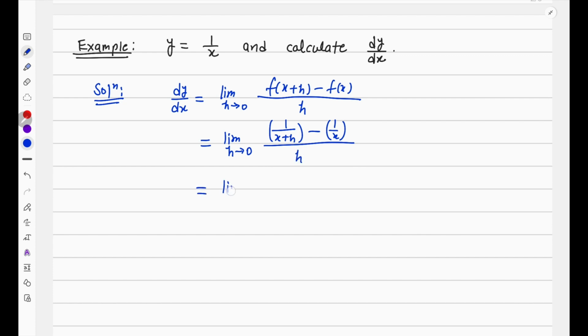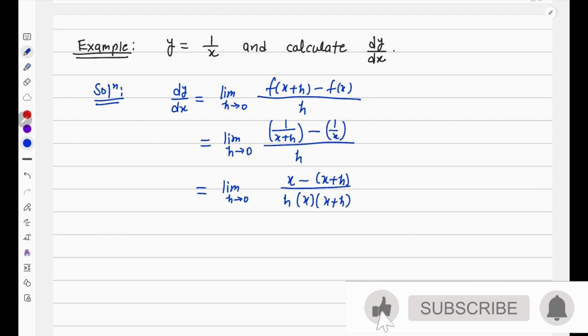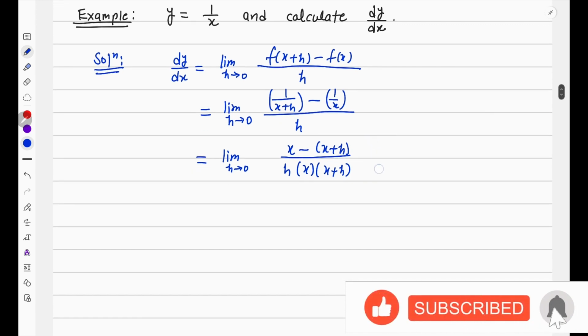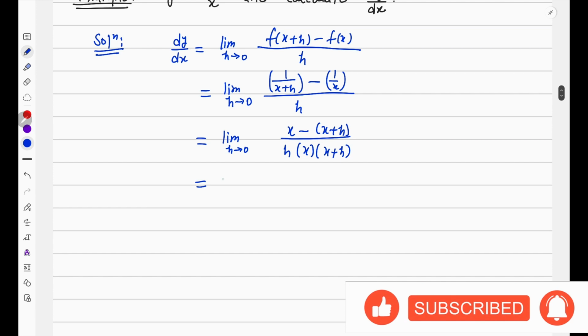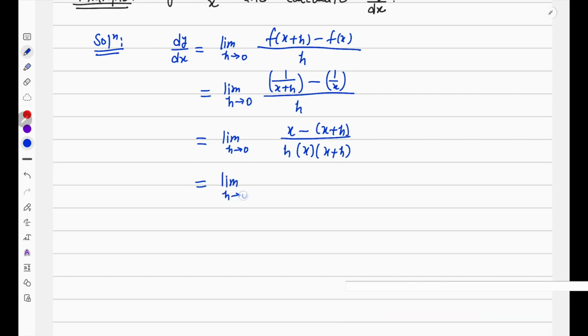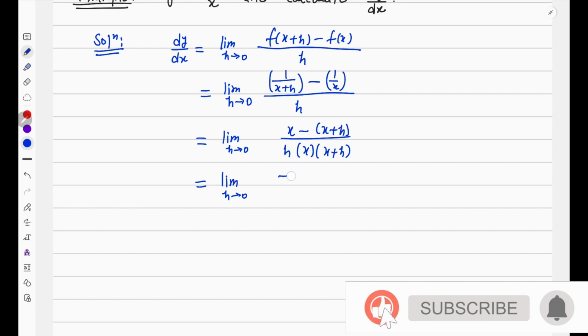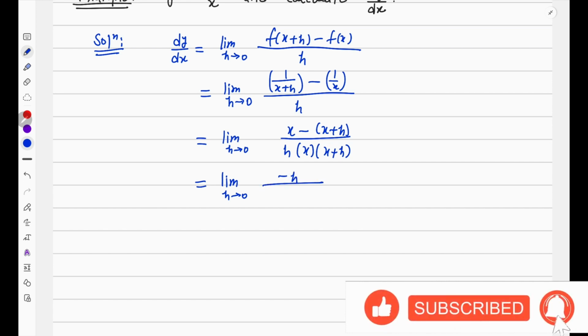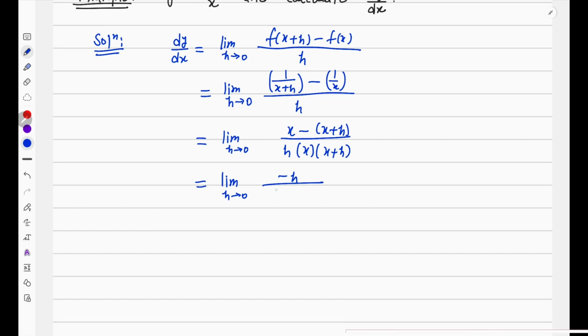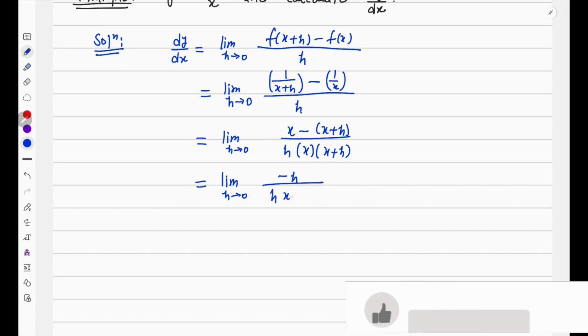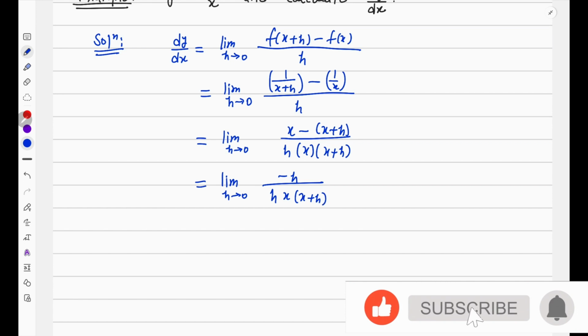If we simplify it, the limit as h approaches 0, we can take (x minus (x + h)) over h times (x + h). It becomes the limit as h approaches 0 of minus h over h x times (x + h).